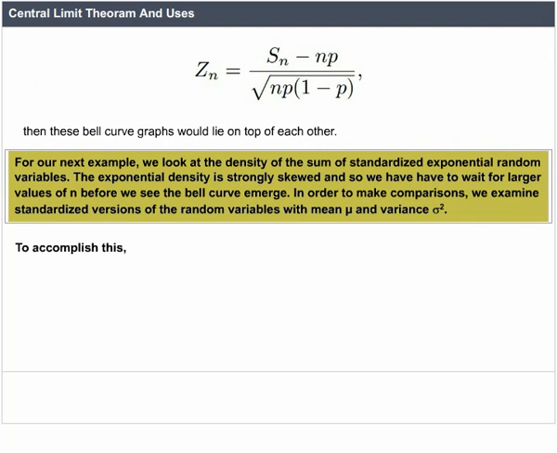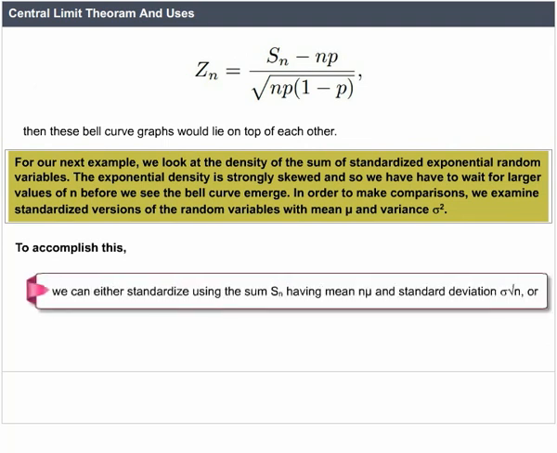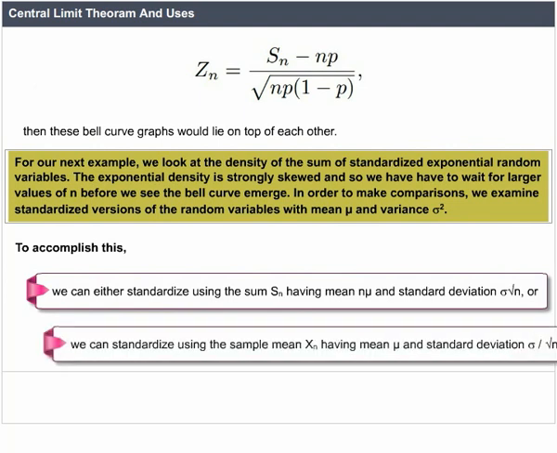To accomplish this, we can either standardize using the sum Sn having mean n mu and standard deviation sigma square root of n, or we can standardize using the sample mean x n bar having mean mu and standard deviation sigma by square root of n.